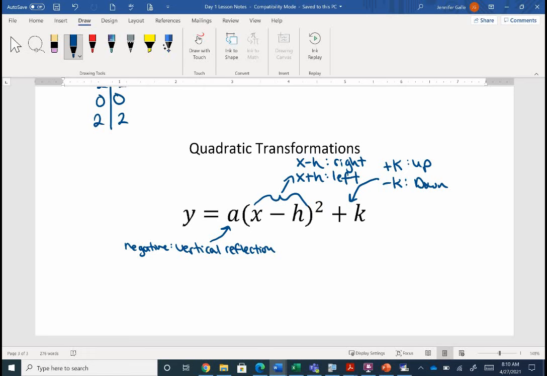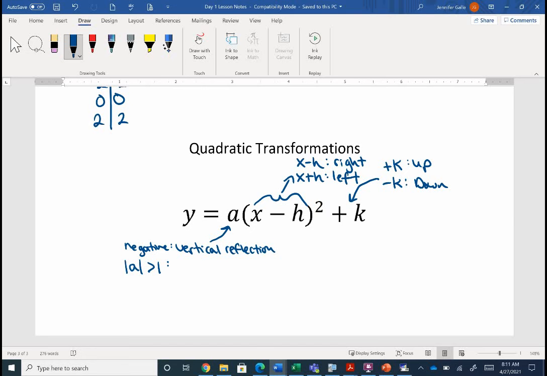Now, if that A value then, aside from the negative sign, and maybe I might throw this in this time, if the absolute value of A is bigger than 1, so ignoring the sign basically, because remember, absolute value is the distance from 0. So absolute value, that result will always be positive.